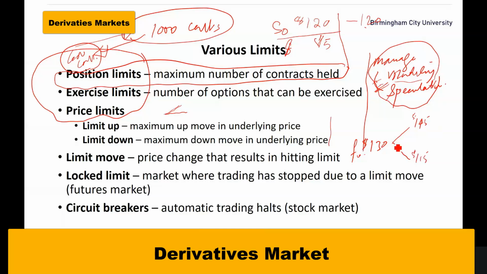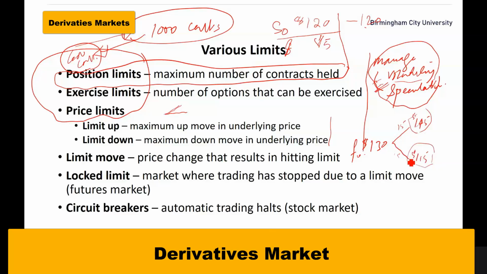So the price cannot go beyond 145 today and cannot go down beyond 115. So the up move is 15 and the down move is 15, basically 145 and 115.